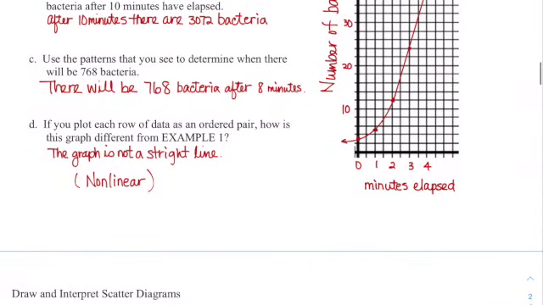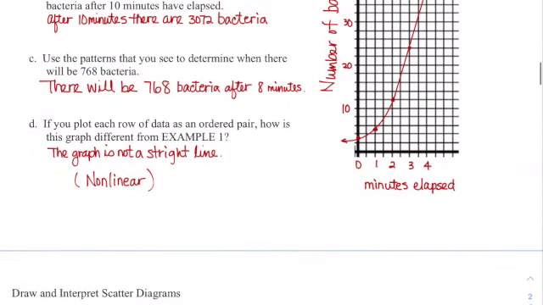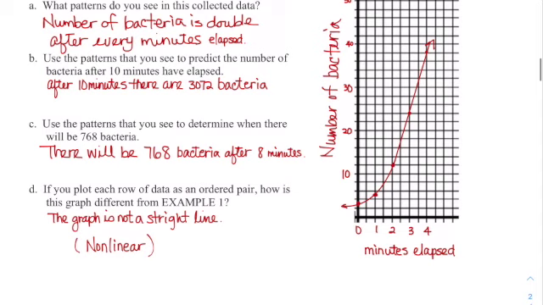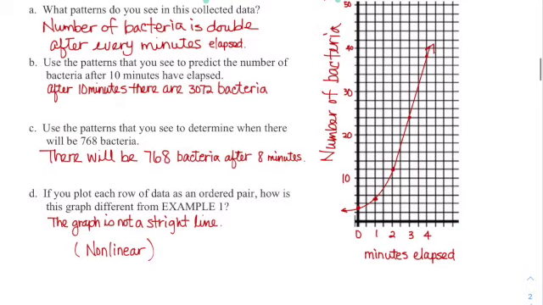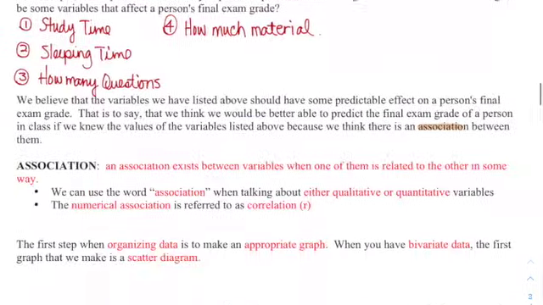The bottom, which is the x-axis, the minutes elapsed, that's the independent variable. The number of bacteria is the dependent variable. That's also the response, and that's the y.